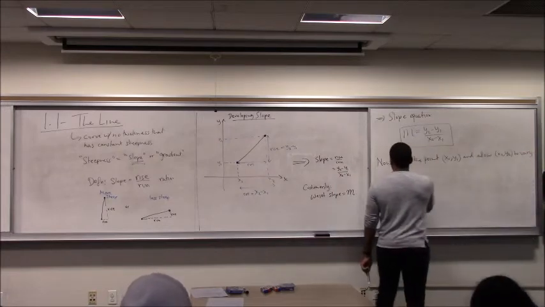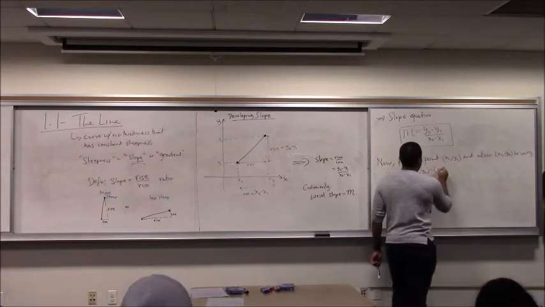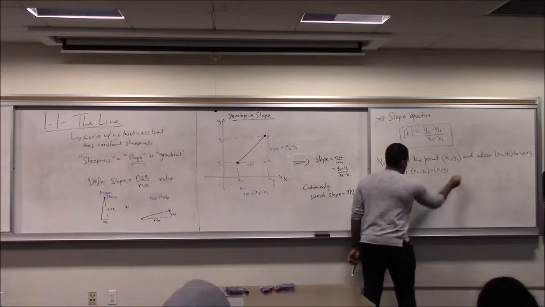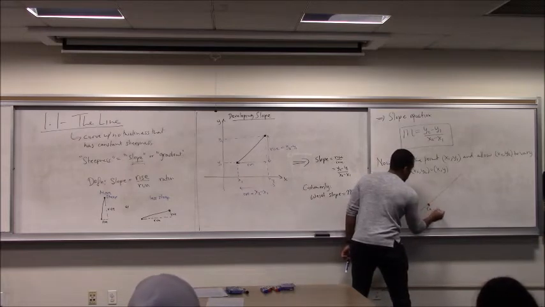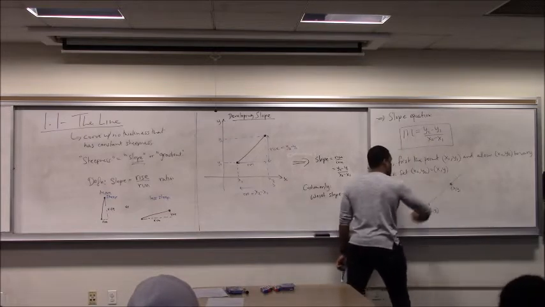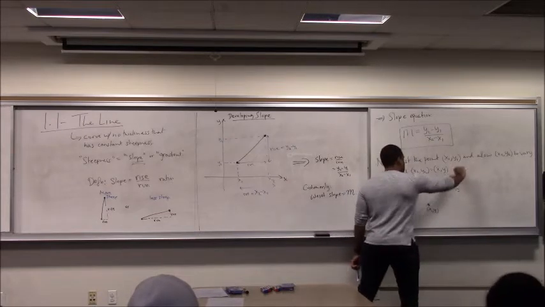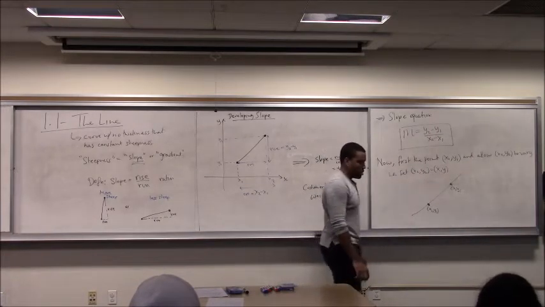I.e., you set x2, y2 equal to just x, y. So now you have this object where one point is fixed, x1, y1, and the other point, x, y, is allowed to slide along the line. So ultimately you can find all the points by just sliding this point to some location.